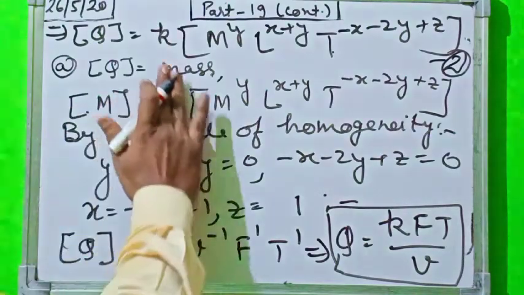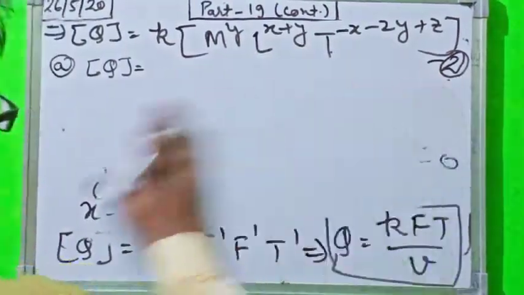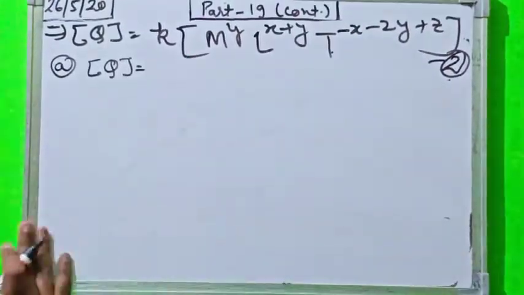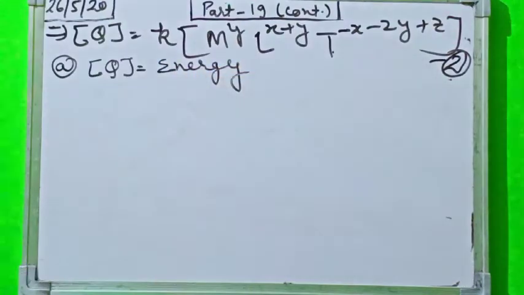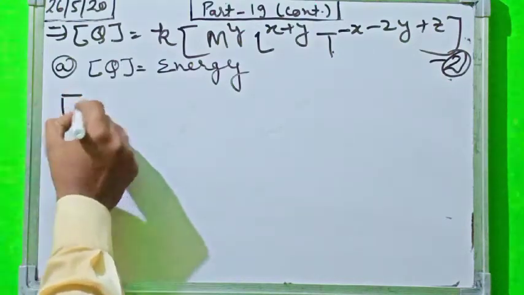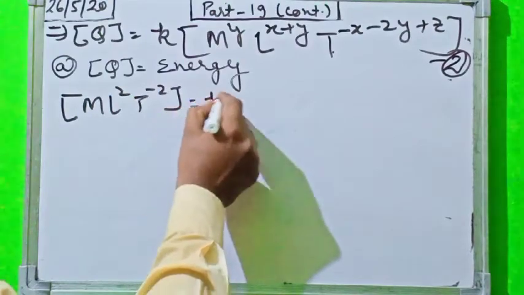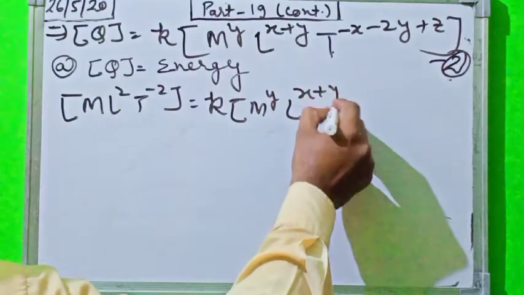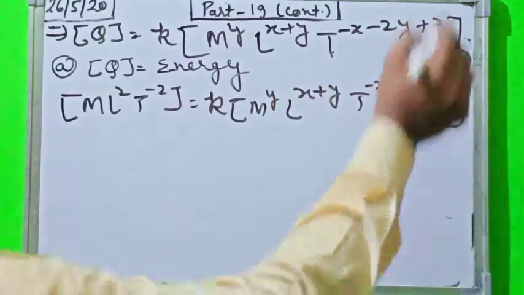Now we are considering Q as energy. If we are considering Q as energy, then the dimensional formula for Q is ML^2T^-2, which is equal to K M^y L^(x+y) T^(-x-2y+z).